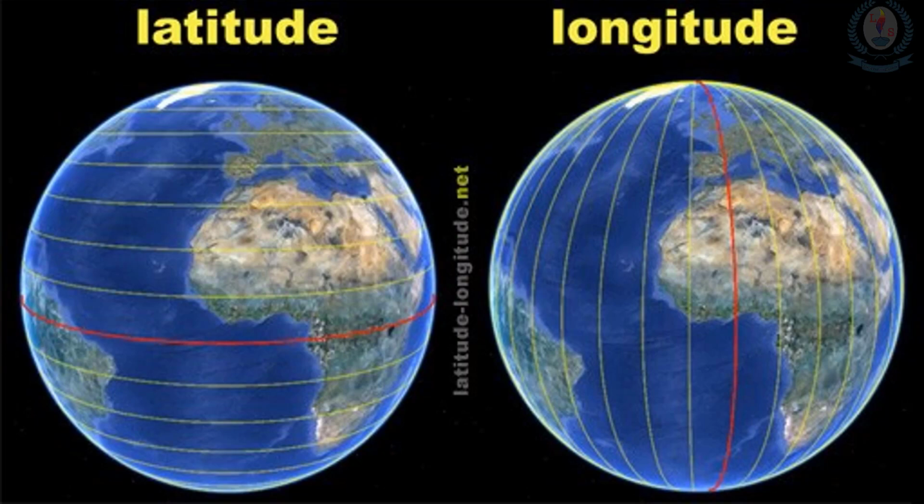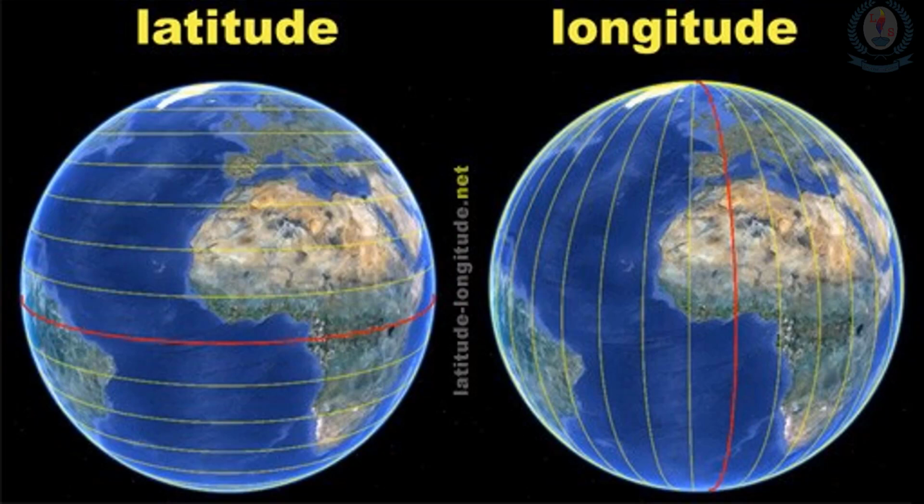Longitude is related to latitude, the measurement of distance north or south of the equator. Lines of latitude are called parallels. They are horizontal lines.